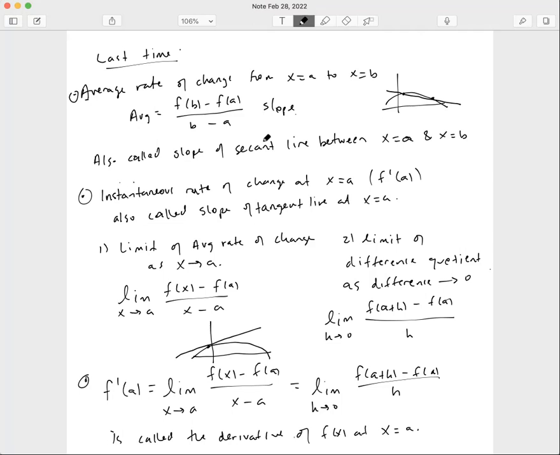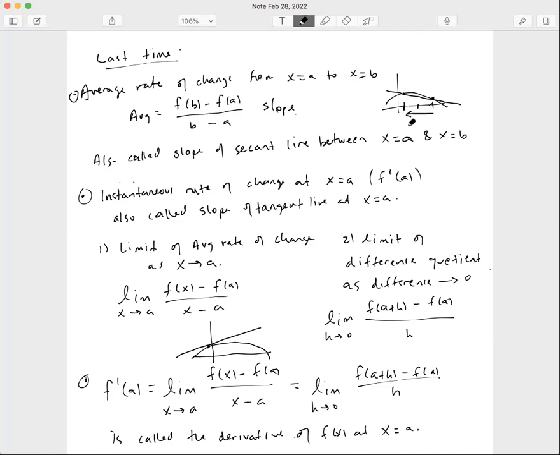With limits, we have this idea of jumping from 2 points to 1 point. If you bring 2 points closer together, you'll still be calculating a slope, the average rate of change of those 2 points.